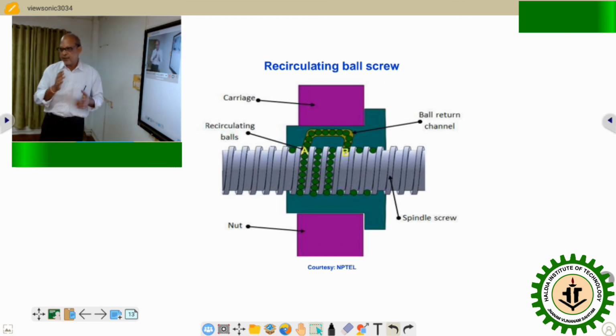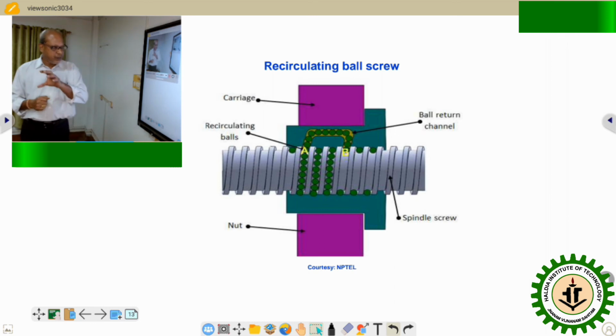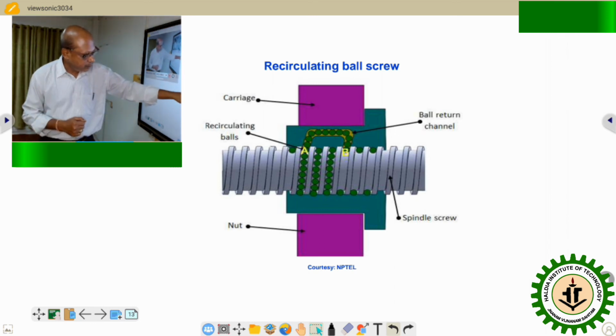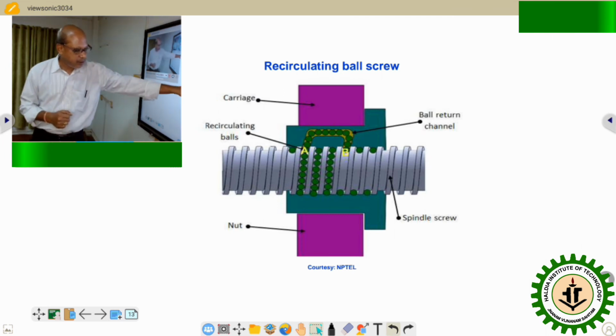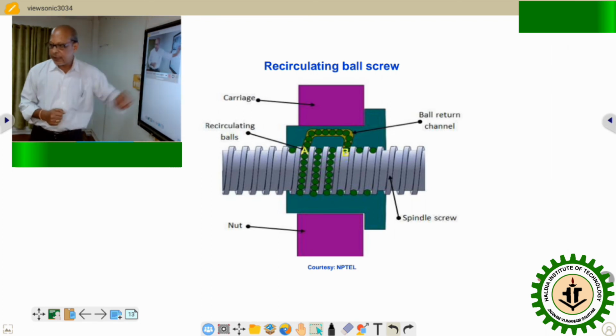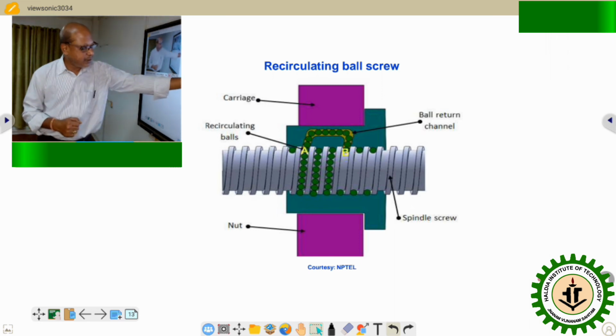Now what is the speciality? These helical grooves are fitted with, see, the green color, hardened steel bearing balls, and they will be in contact with each other. There is also an internal channel which is called the ball return channel.